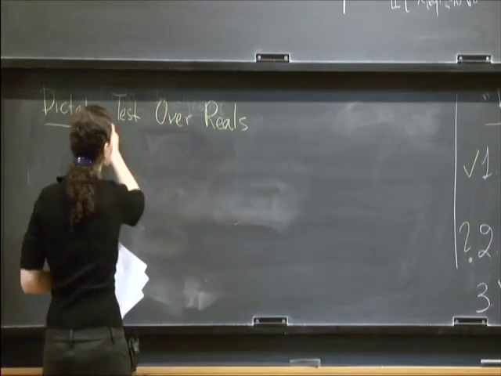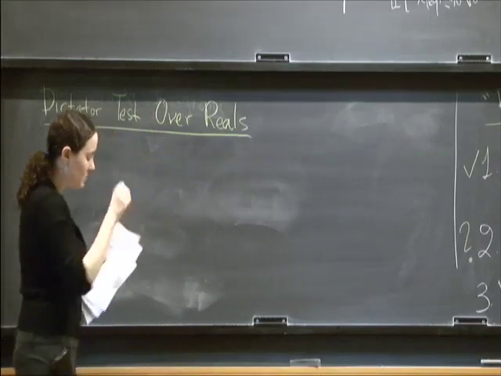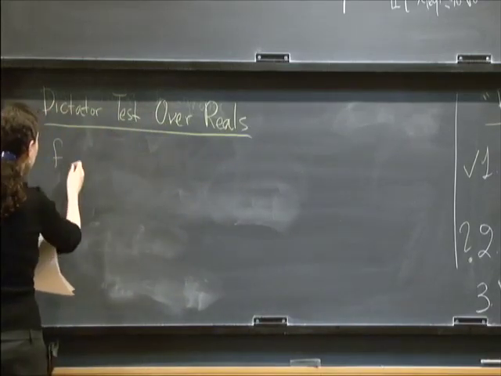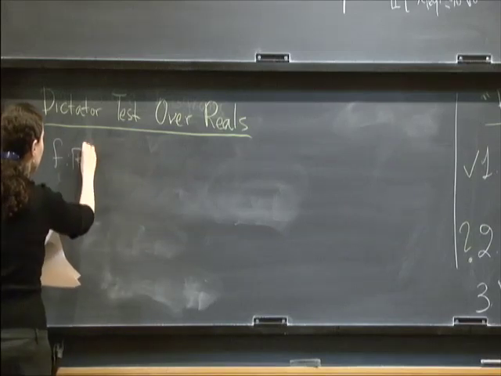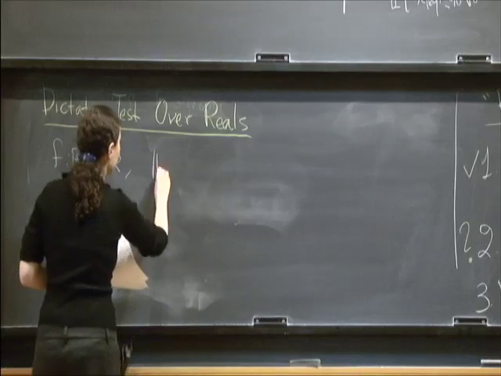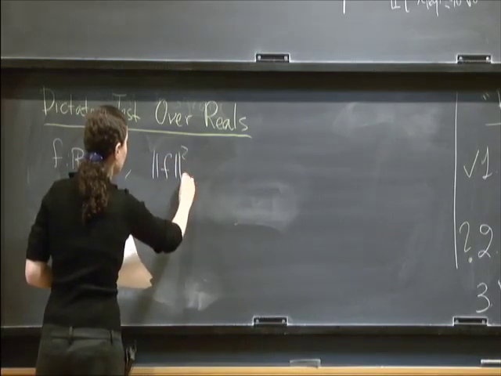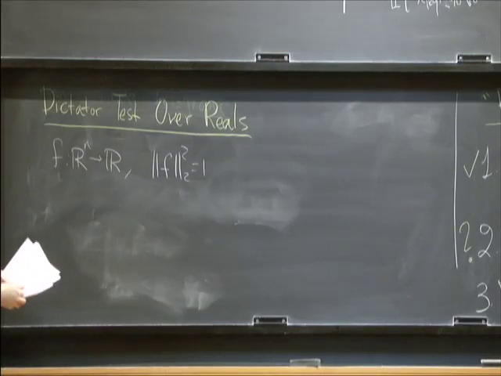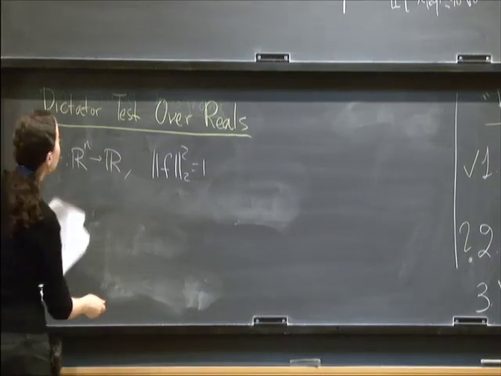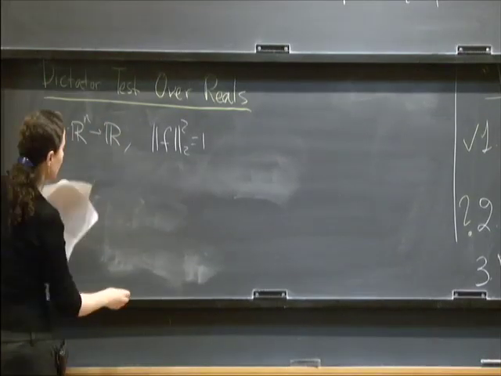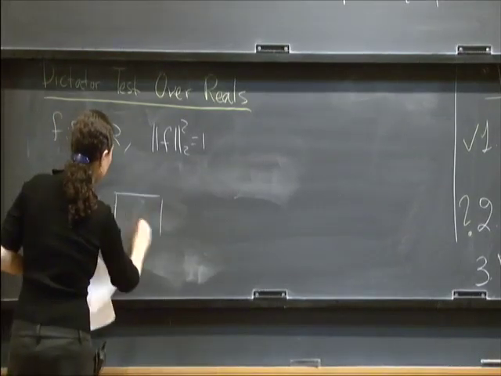Let me tell you what this means. Suppose that we have a function f from R^n to R, and we know that f is bounded and has norm 1. And what we are looking for is this tester, or distinguisher.